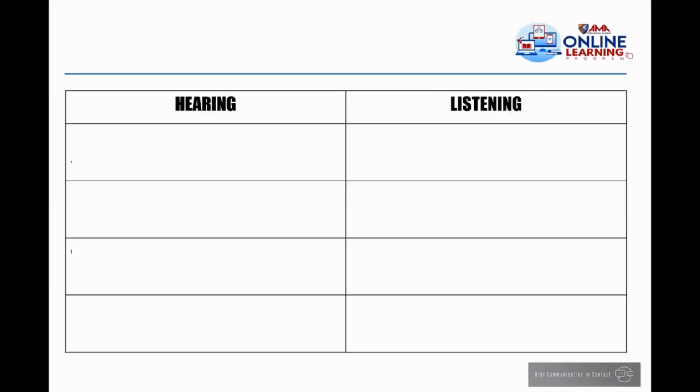Okay, here are the other differences of hearing and listening with regards to description. So hearing is a natural process of receiving aural and visual stimuli. We say aural, this is anything related to sound, and stimuli, it is something that causes something to take place.